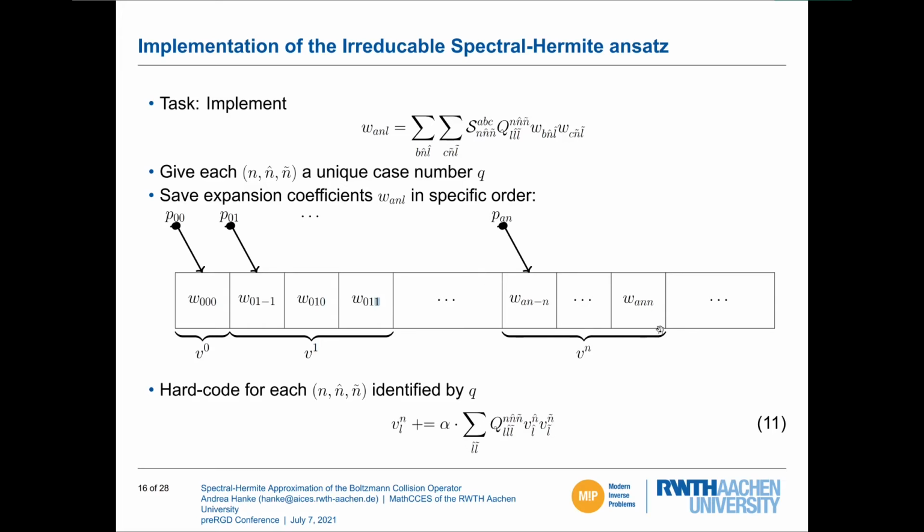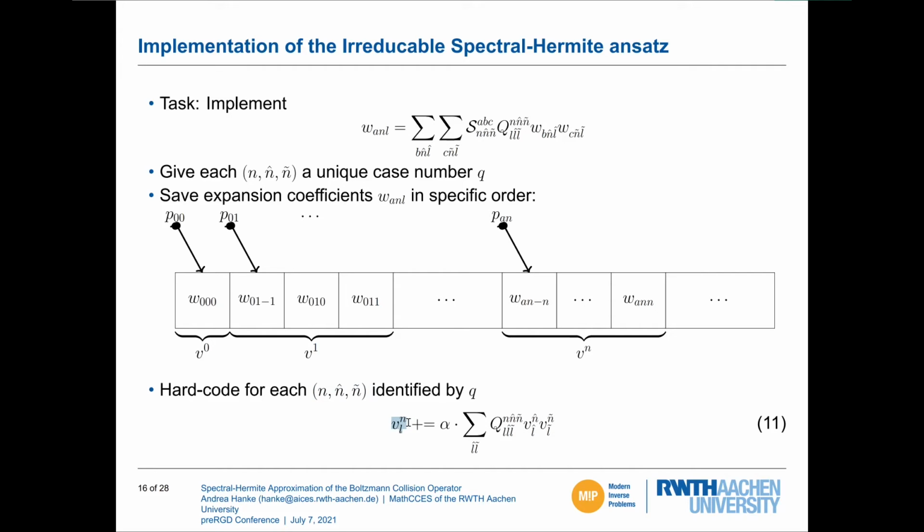When we look anywhere in the vector, we can find a position P, which depends on A and N, and that points to the beginning of a section of our W vector, where we have some value of A, some value of N, and then the L runs from -n all the way up to n, so that these 2n plus 1 coefficients are grouped together in these vectors that I called Vn. And next step is to hardcode for our triple of n's, which we identified by Q, the following operation.